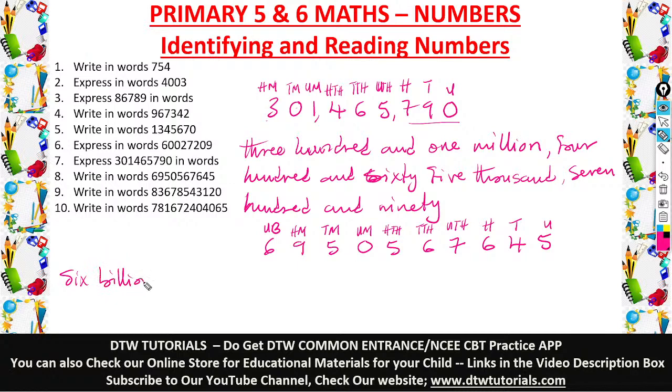6 billion, comma, 950 million. This is in million. Nine, okay, it's in hundred. All right, 950 million, comma, are you with me?